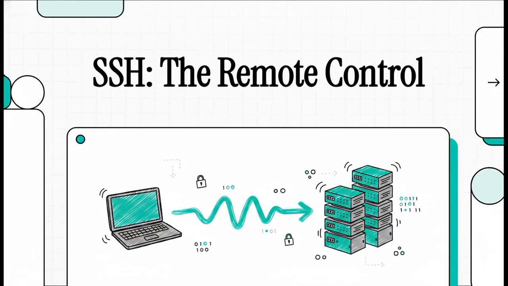And through that tunnel, you're just passing keystrokes. So the way I think about it for the listener, think of SSH as an incredibly long, highly secure, completely invisible extension cord. I like that analogy. It just plugs your physical keyboard and your monitor directly into a computer halfway across the globe. That is exactly what it's doing.